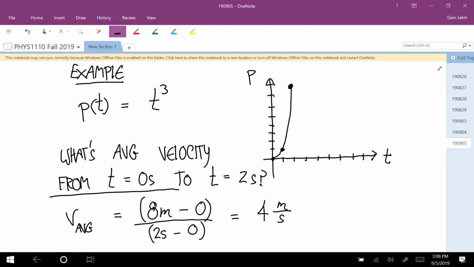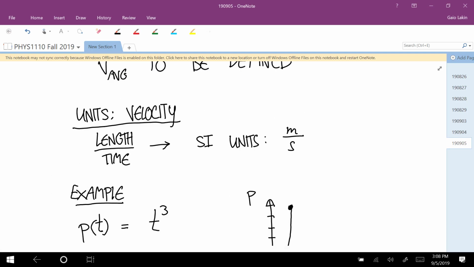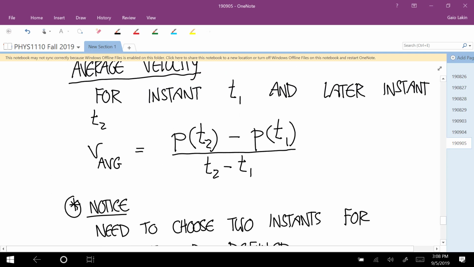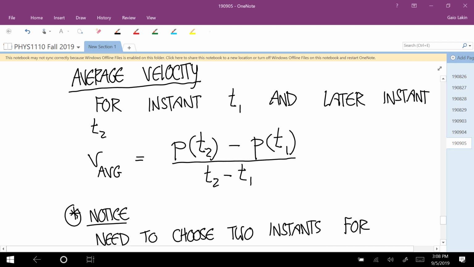Okay, so how does that show up on this graph? So this graph represents that position function. If you look at the definition of this, notice that what we have is a change in the y position, the vertical position, divided by a change in the horizontal position. Does that remind you of a mathematical thing? It's slope, yeah.